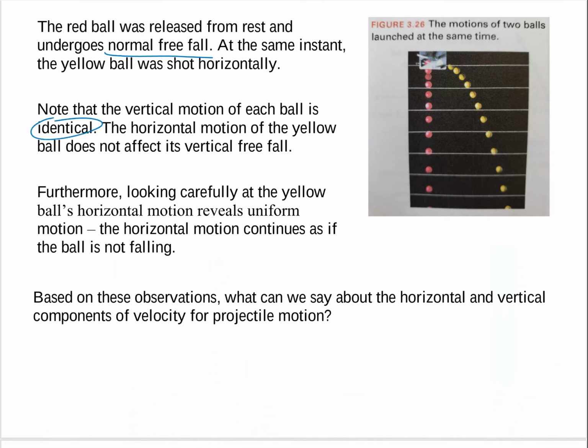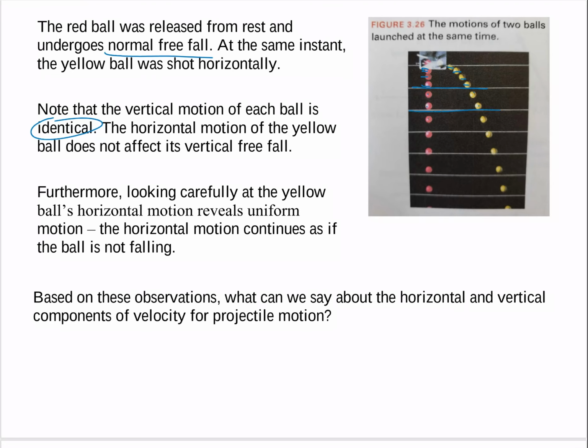We have like a strobe going off in this, so that we can see the ball at certain moments in time. We see the red ball 1, 2, 3, 4 times, and the yellow ball 1, 2, 3, 4 times. And at that moment, they're both at that line. We see each ball again 2 more times, and at that moment, they're both at that line.